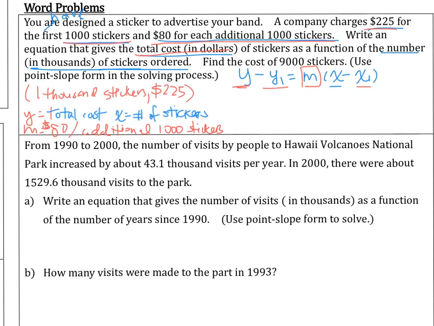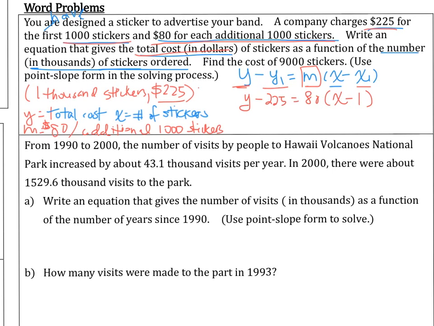Okay, so now let's set up your point-slope form. Now you have a given point, y minus 225, and this equals 80, which is the slope, times x minus 1. Now, I'm not going to use 1,000 because I don't want to work with big numbers. So I'm just going to simply use the number 1.